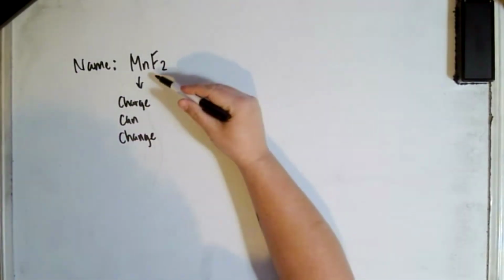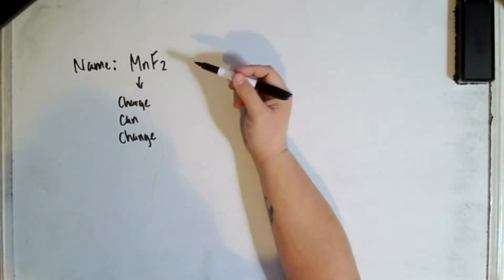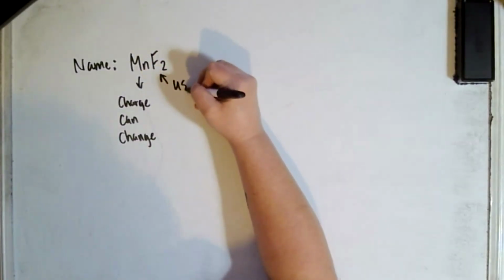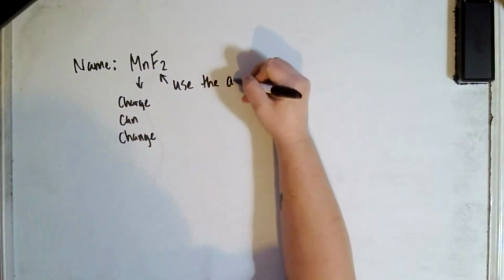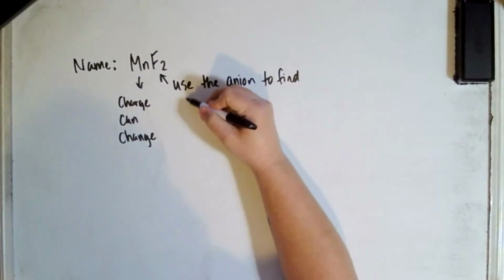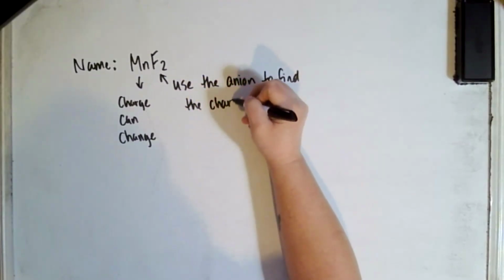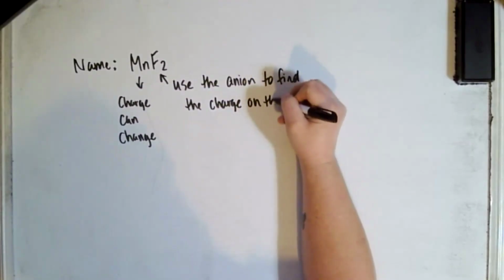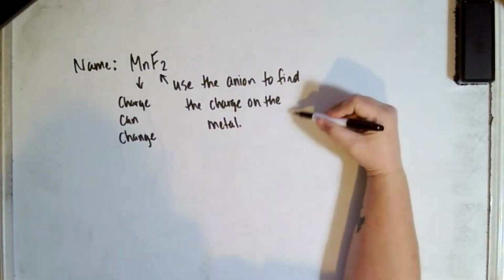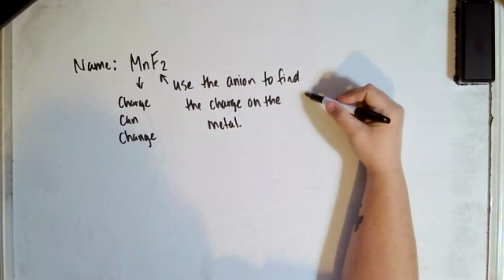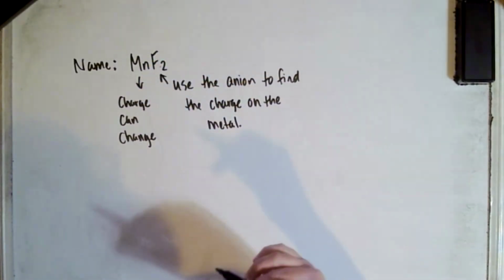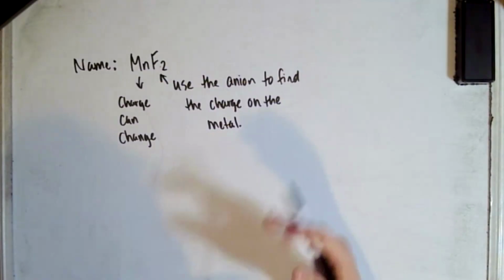All right. Before you can include the charge in the name, you have to know what the charge is. So what you're going to do is use the anion to find the charge on the metal. Because the charge on your anion is never going to be different. Like you have a fluoride ion here. Fluorine is in group 7A.